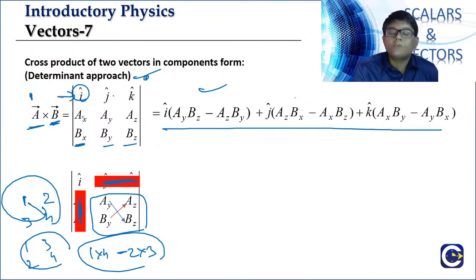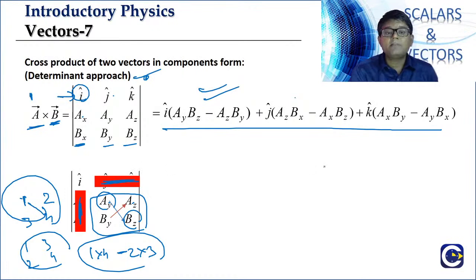So it will be 1 into 4 minus 2 into 3. AY into BZ: the first term is AY, the fourth term is BZ. So AY into BZ minus. You can see the blue color is positive and the orange is basically negative. So 1 into 4 minus 2 into 3, and 2 into 3 is AZ into BY. That is the factor for I cap.